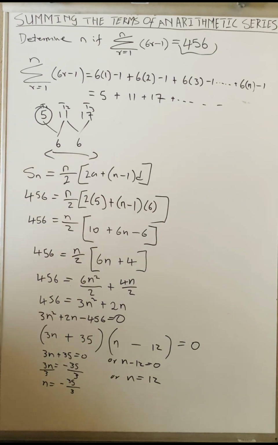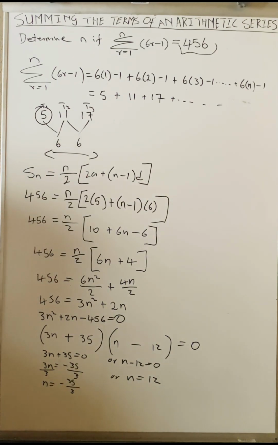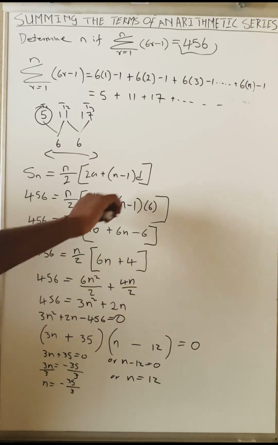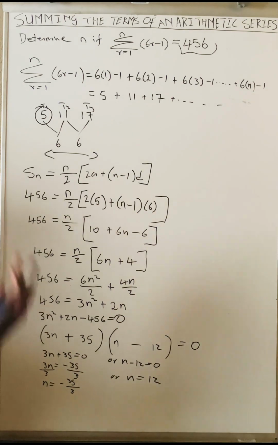From here, you are not done. You will take this value into this formula. When you see n, you substitute negative 38 over 3, a is 5, and the difference is 6.